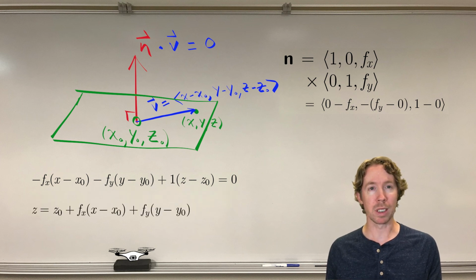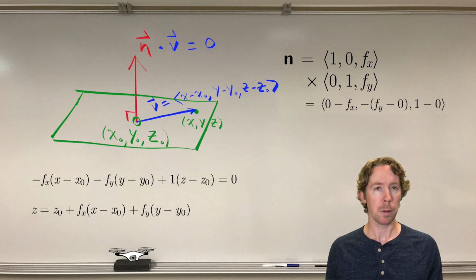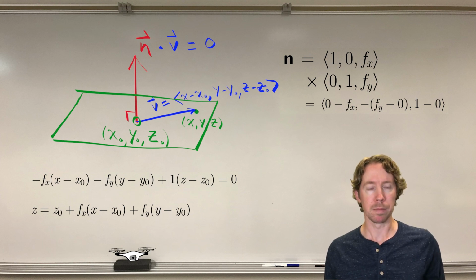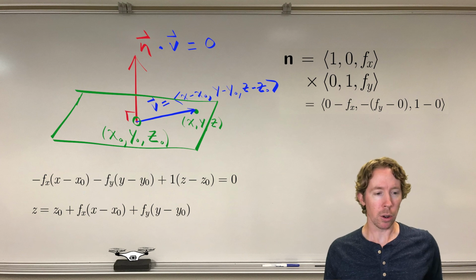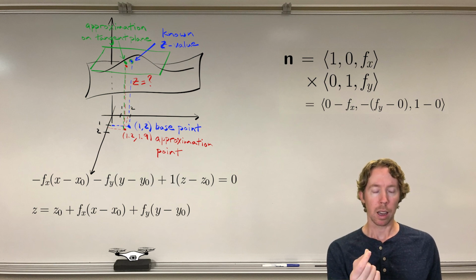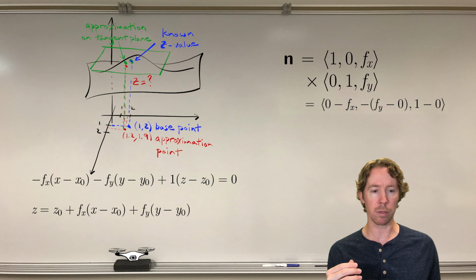And we're going to solve for z in this equation because that z value is what we're trying to approximate. Sometimes the z value is called L, so we'll write it as L in a minute. Notice that this z value, this approximation on the tangent plane, just takes the z value at the base point, so that's the z naught, and then it either adds or subtracts a little bit as you go in the x direction, and then it adds or subtracts a little bit from the z value as you go in the y direction.